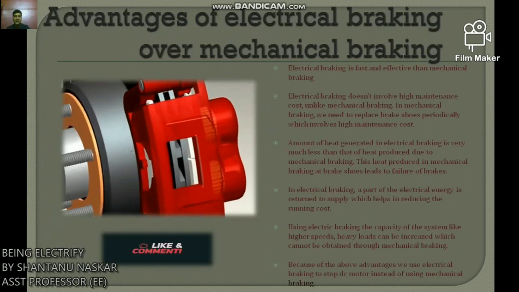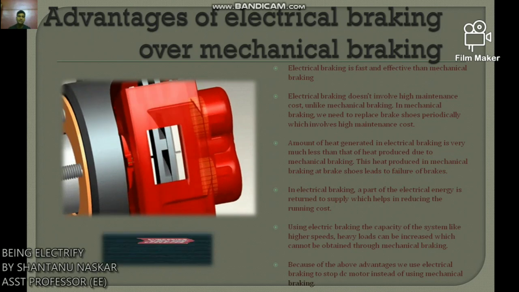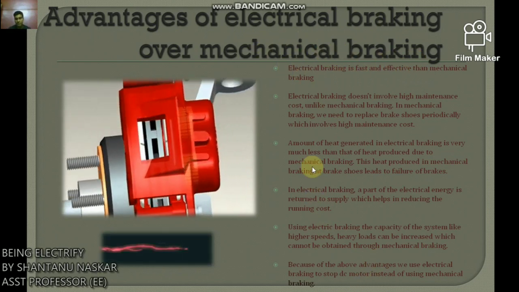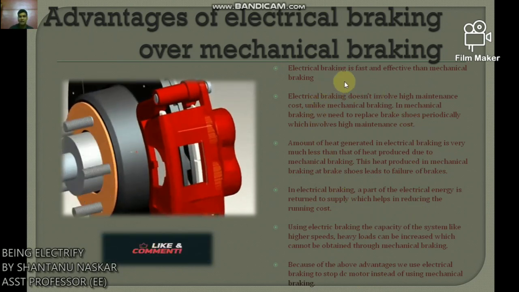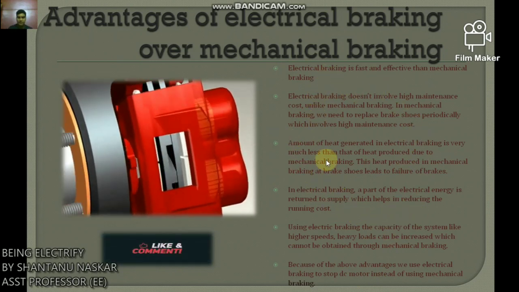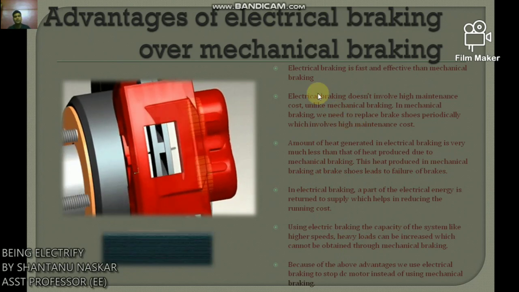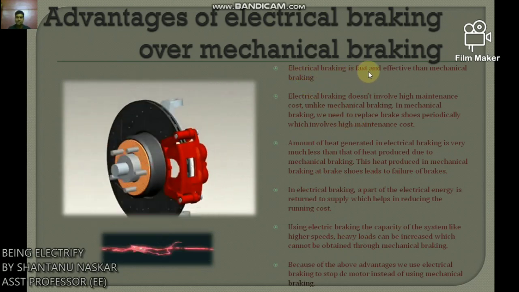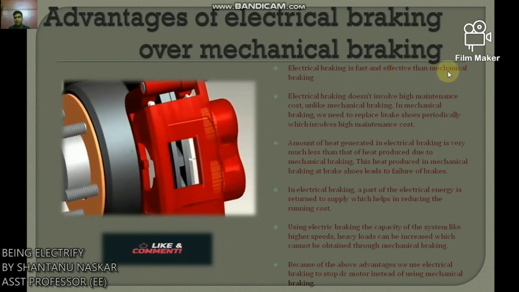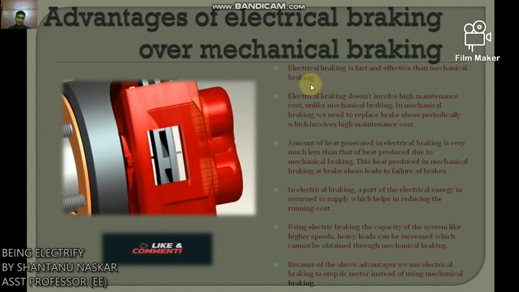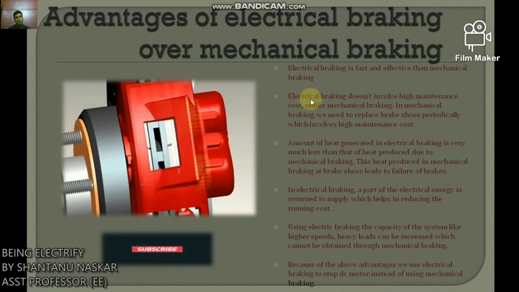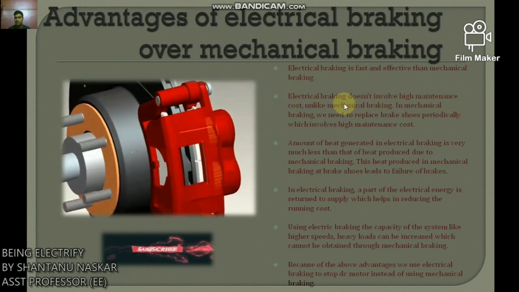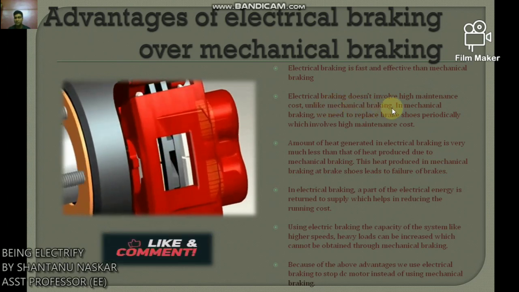Now comes the advantages of electrical braking over mechanical braking. Point-wise I have mentioned in this PPT. Number one, electrical braking is faster and more effective than mechanical braking. Number two, electrical braking doesn't involve high maintenance cost unlike mechanical braking.